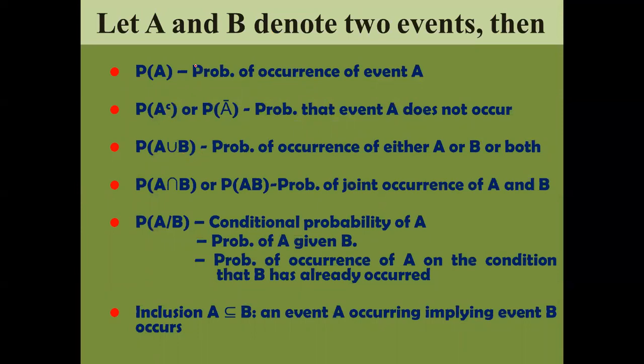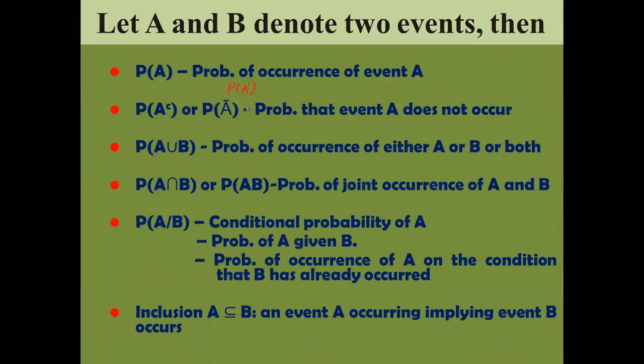For any two events A and B, P of A denotes the probability of occurrence of the event A. P of A complement or P of A bar, also represented sometimes by P of A dashed, means the probability that event A does not occur.